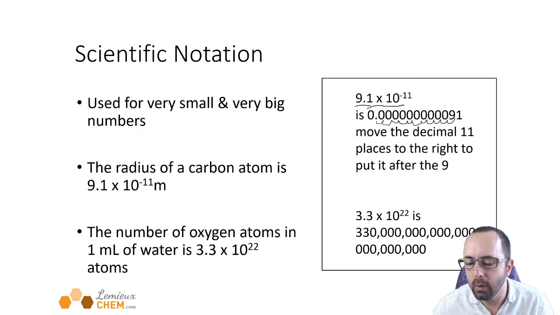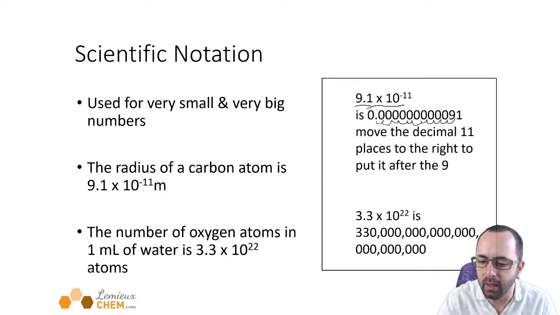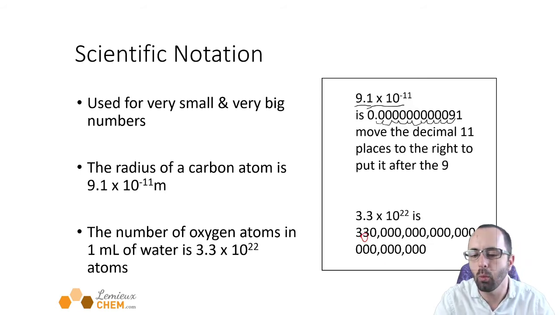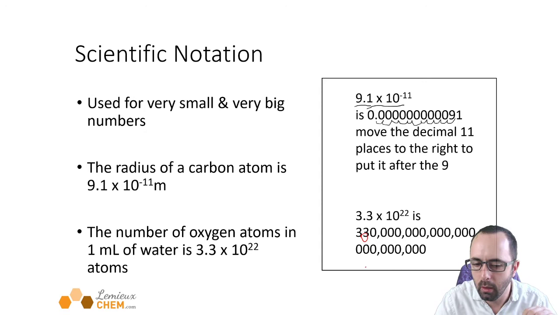That's why we write in scientific notation. It really helps in this regard. And if you were to count how many spaces you would have to move this decimal point, which is here, in order to get it right over here, that movement would be 22 spaces. And so that's how we write scientific notation.